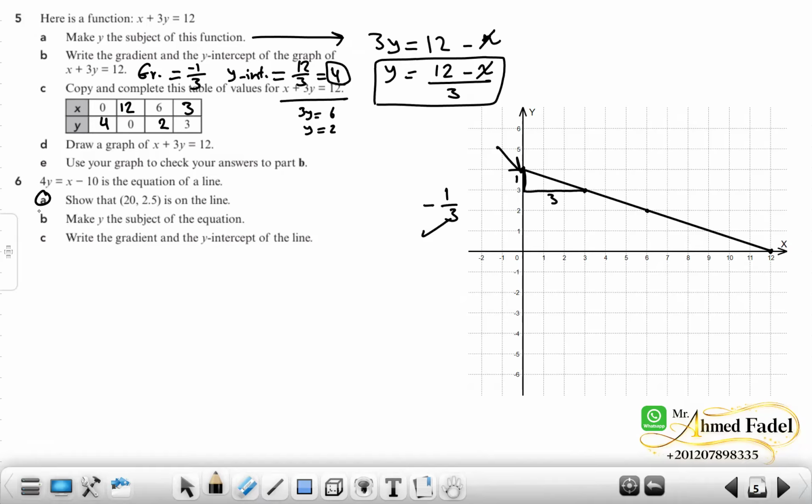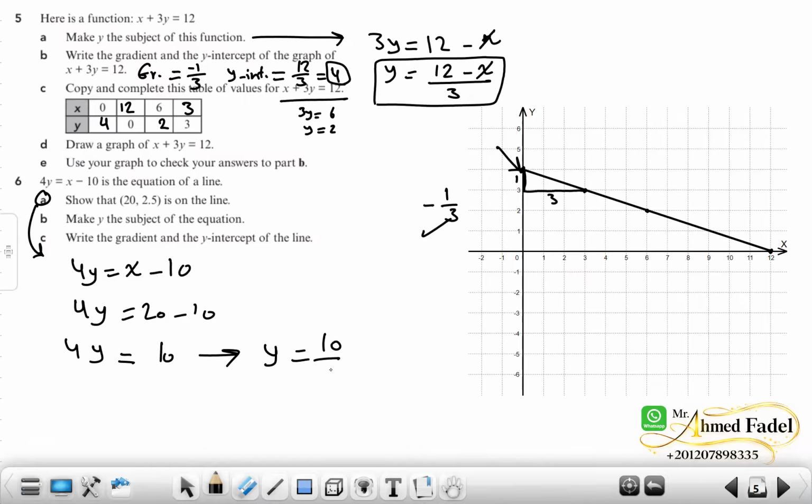So question A, 4y equals x minus 10. But when x is 20, so 4y equals 20 minus 10. So 4y equals 10. This leads us to y equals 10 over 4. 10 over 4 is what?